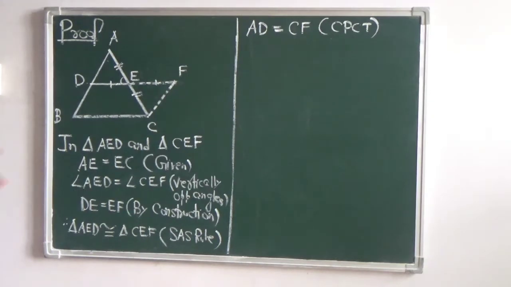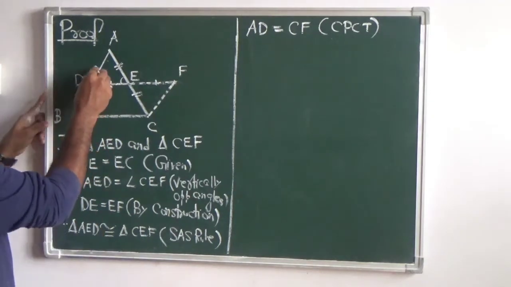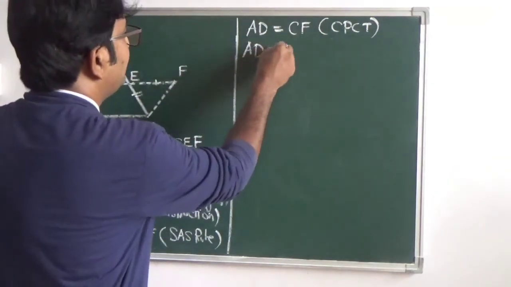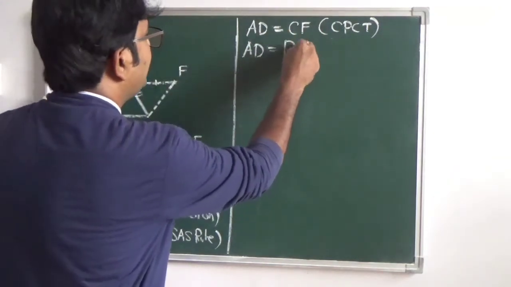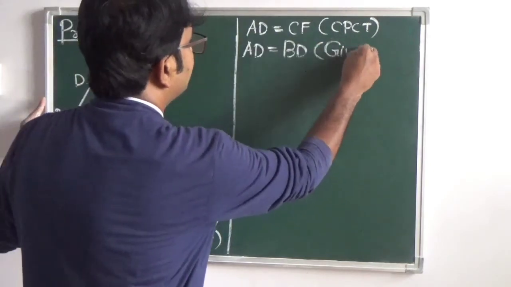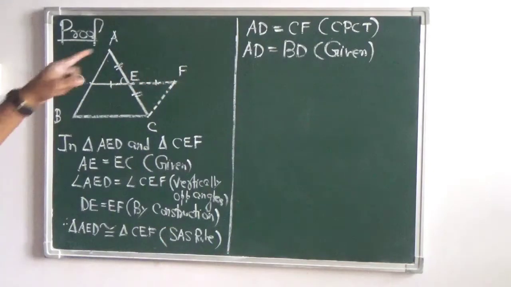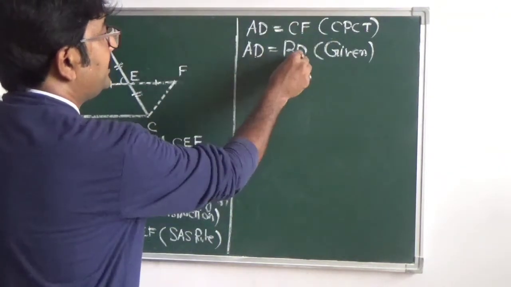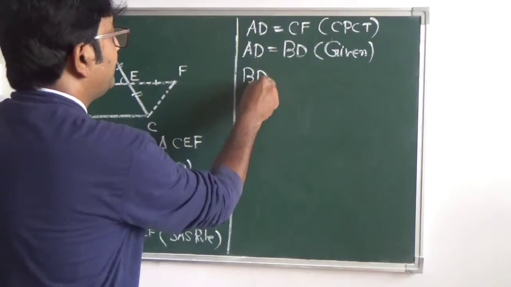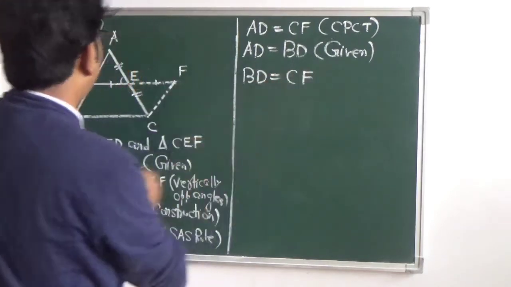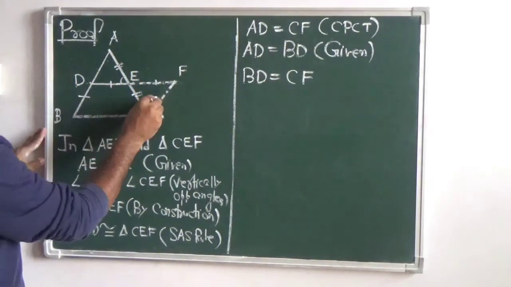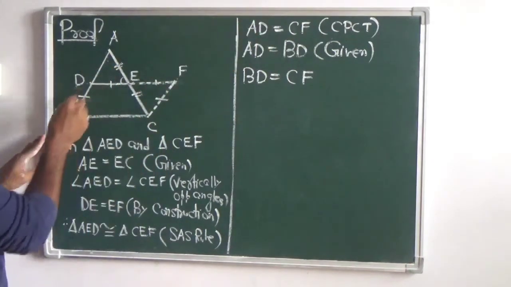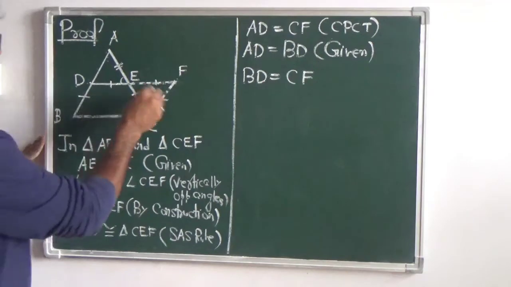Now we also know that AD equals BD because D is the midpoint. So AD equals BD, it is given. So from these two, if AD equals CF and AD equals BD, then we can write BD equals CF.